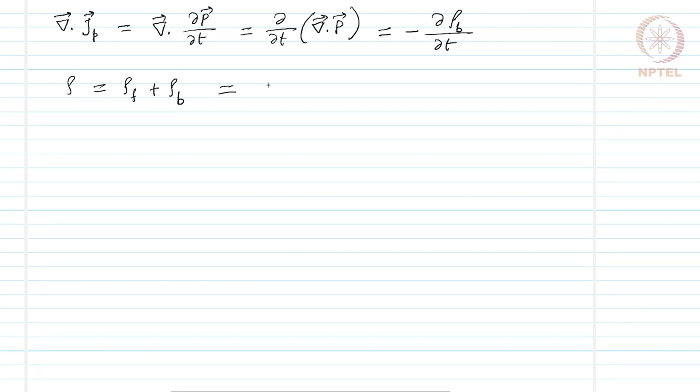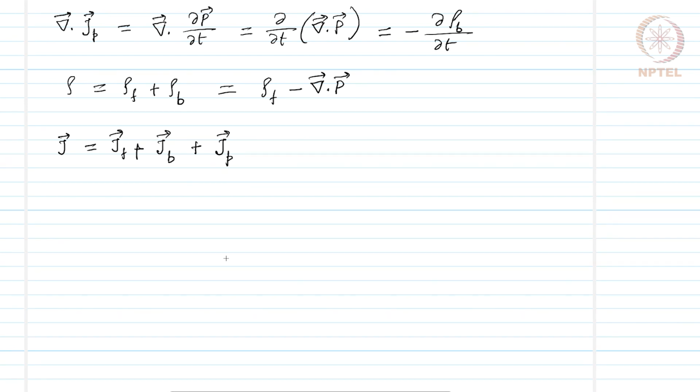Okay, so let us write the charge density as rho f minus the divergence of the polarization, which gives us the bound volume charge density. For the current density, it becomes J equals Jf plus Jb, the bound current density, plus Jp, the polarization current density.